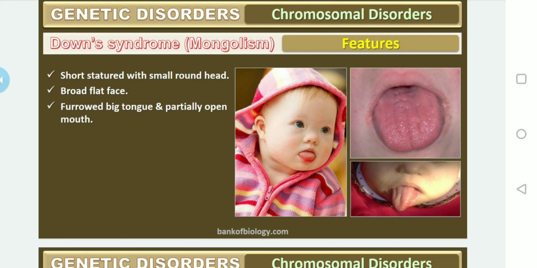They have small and slanted eyeballs like those of the Mongolian race. That's why the syndrome was given the name Mongolism. In the exam they can also ask what the characters of the Mongolian race are. This condition is also known as epicanthus.